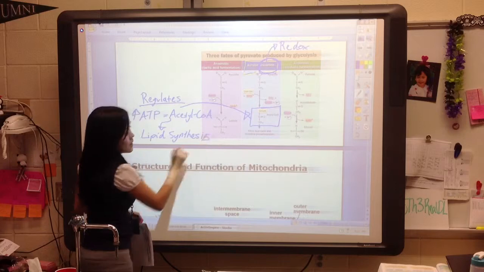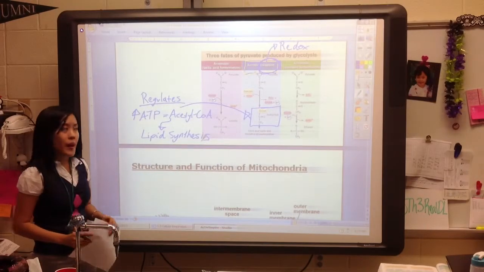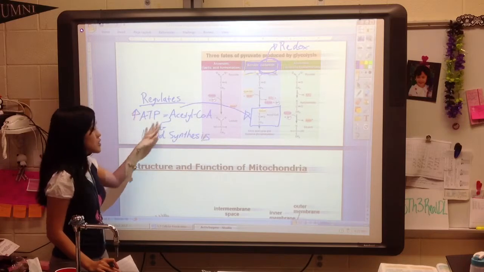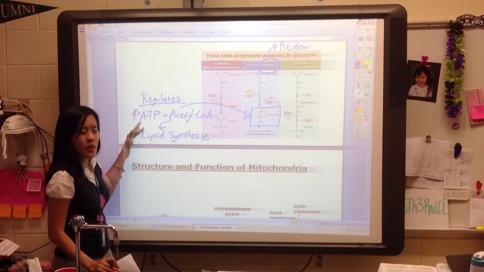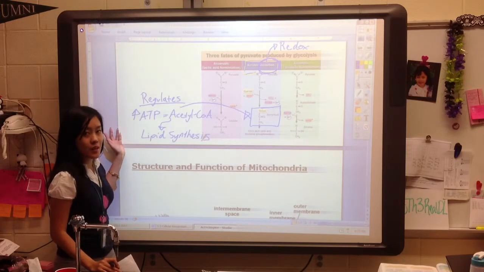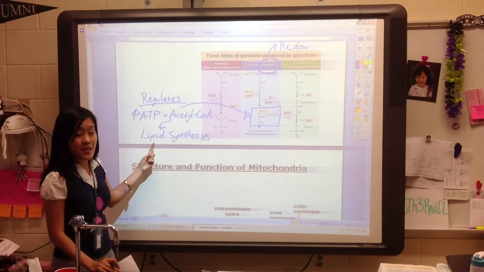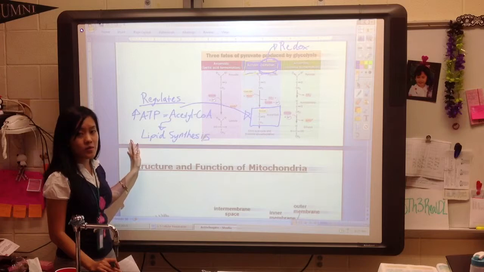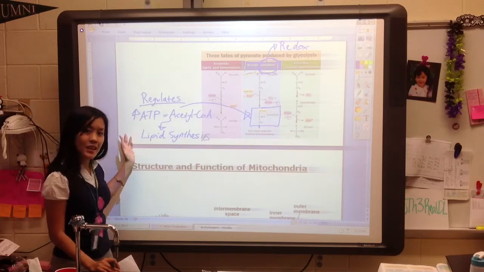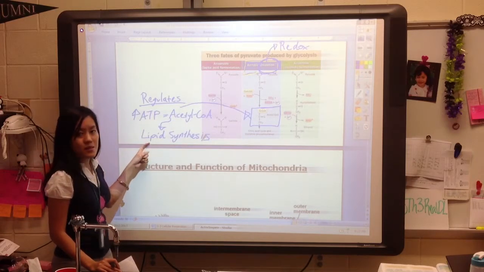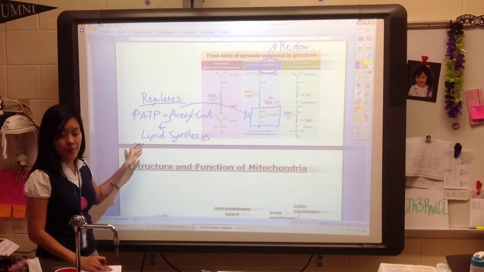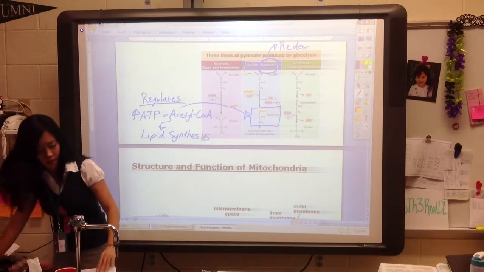What does that mean? Well, if you think about it, when we eat lots and lots of carbohydrates and we don't need to turn them into ATP, what happens to all the carbs that we eat? They turn into lipids or fats in our body. This is very easily seen in animals, that we're producing these lipids and storing this excess carbohydrate that way.